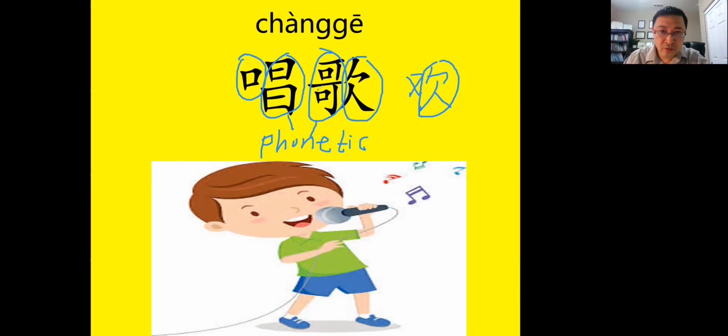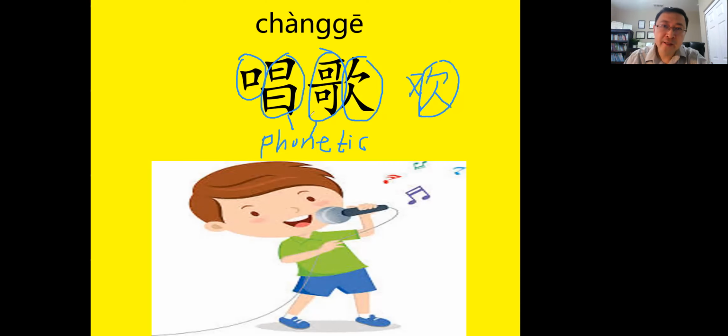The radical part offers the meanings of the characters, and the phonetic elements indicate the pronunciations. For more information about the main forms of Chinese characters, you can refer to page 13 in the textbook.